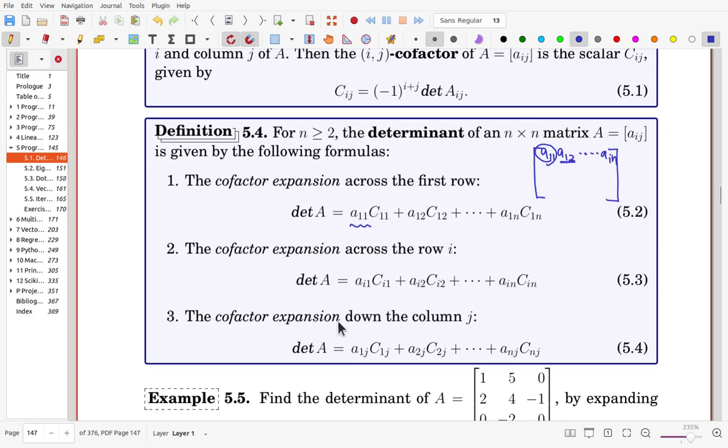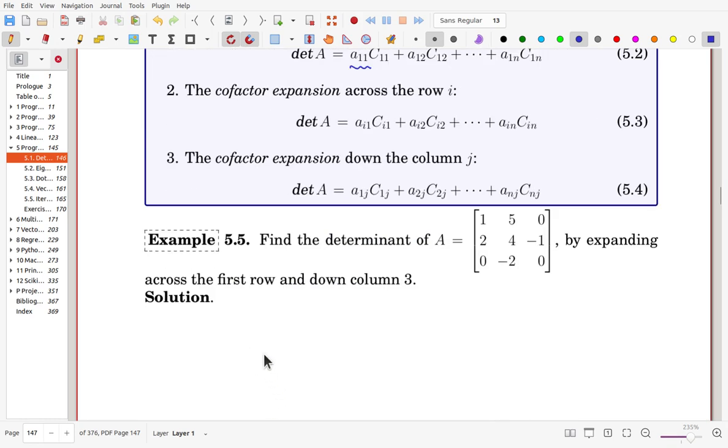So cofactor expansion down column j is defined in this way. In the jth column, for each entry, we find the corresponding cofactor, going down to the bottom. Then this expansion will give the same value. So we can define the determinant of A by using any of these.